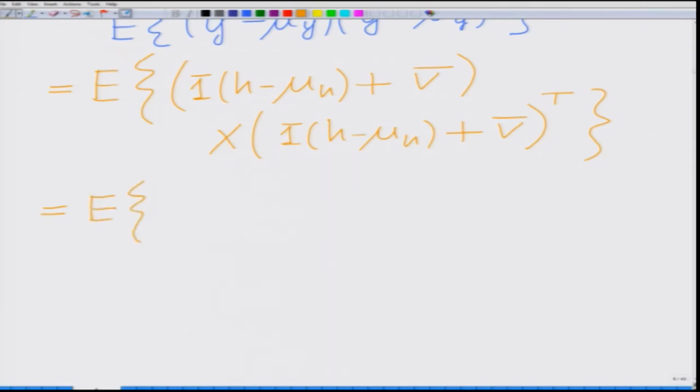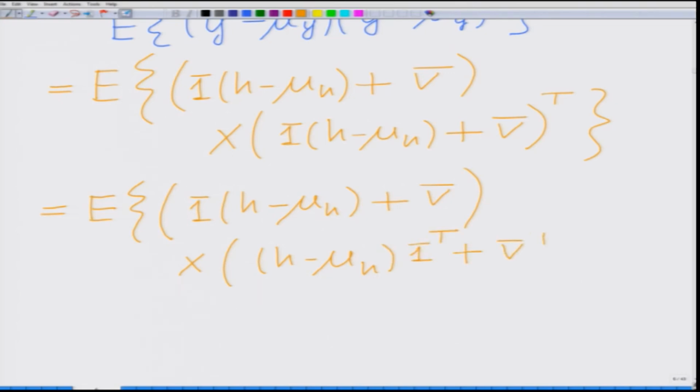Now if I expand this, let me write one more step: 1 bar into h minus mu of h plus v bar, times the transpose, which is h minus mu of h into 1 bar transpose plus v bar transpose. Of course, h minus mu h is a scalar quantity, so it does not matter.